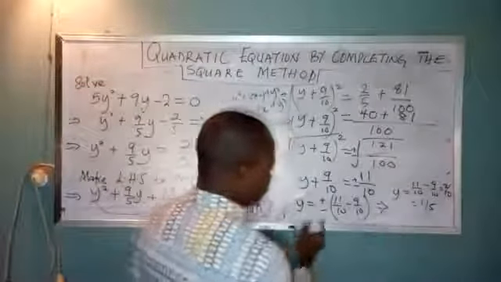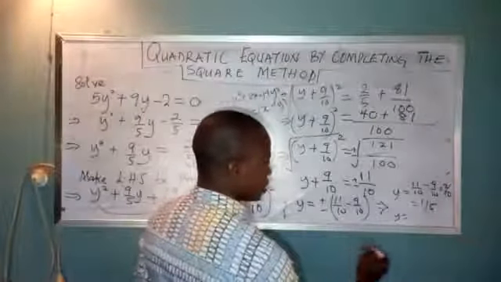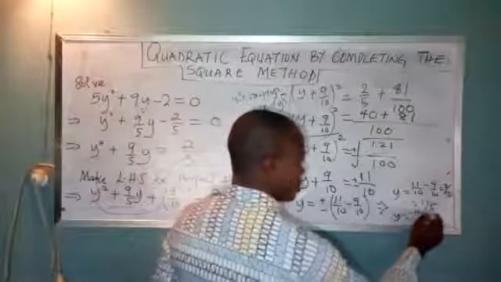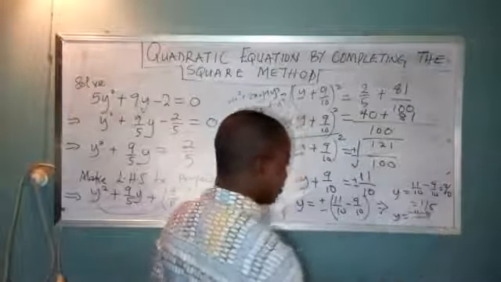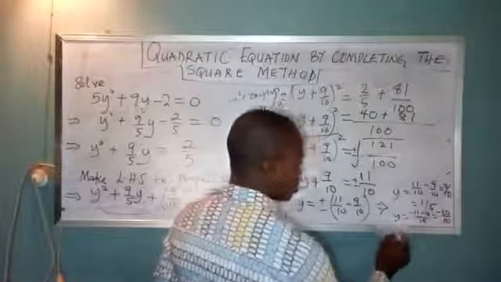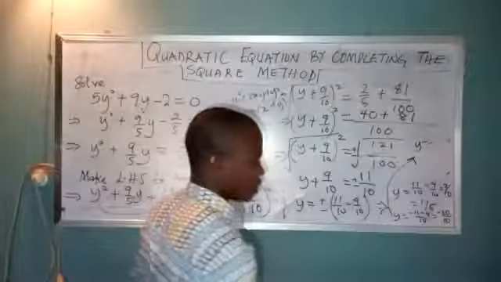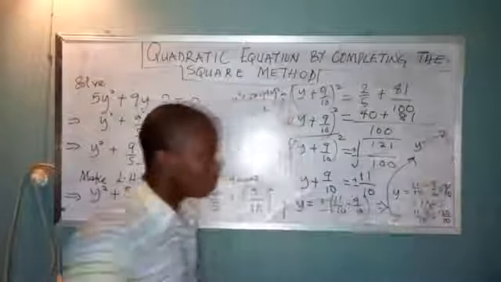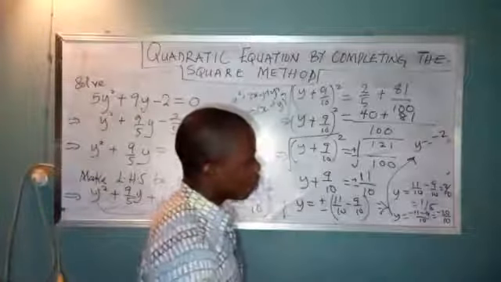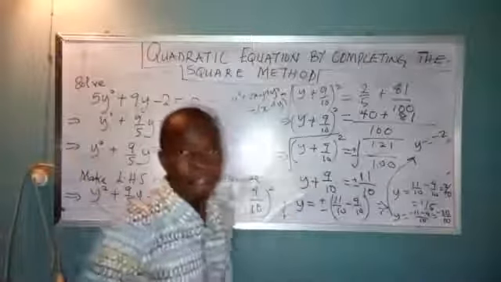At the same time, taking the negative sign, you have y equals minus 11 minus 9 over 10, we have minus 20 over 10, which is equal to minus 2. Therefore, we have two possible values of y: one is 1/5 and the second is minus 2.